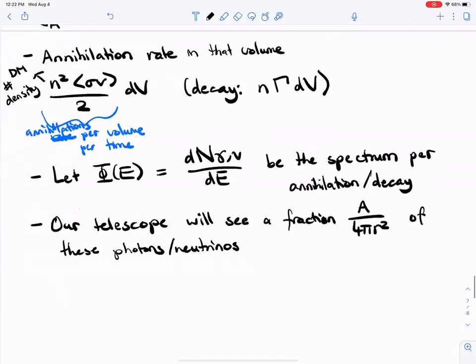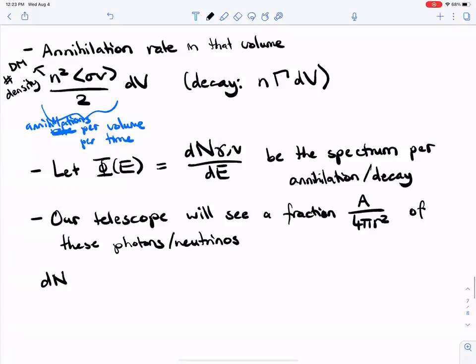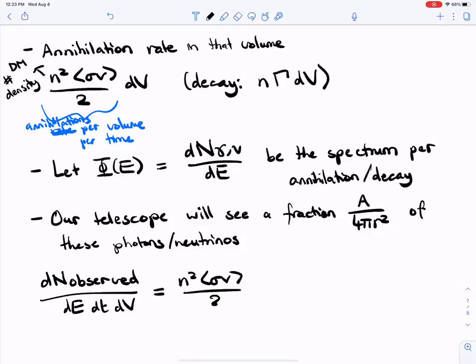So if I ask, from this one volume element, what is the contribution to the number of observed photons at Earth, dN/dt dV, this is going to look like n squared sigma v over 2 times phi of E times A over 4 pi r squared.